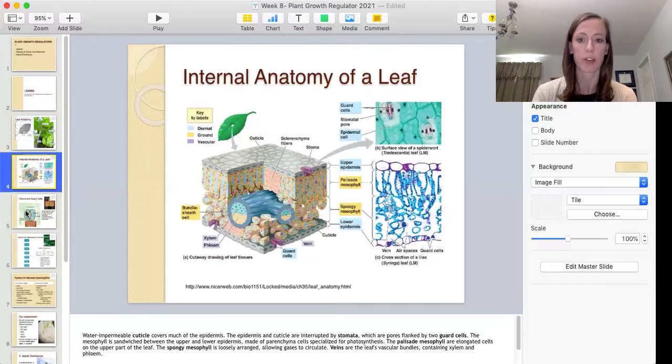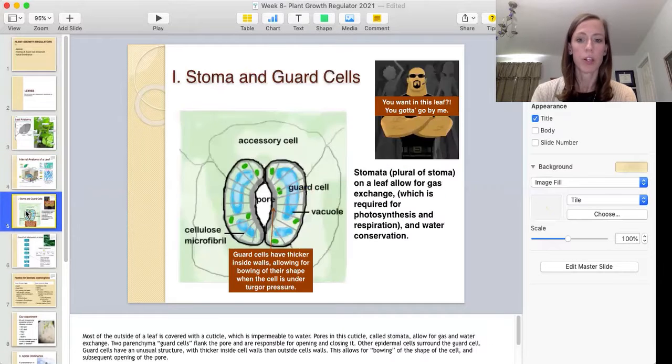Okay, so this picture is showing you a stoma, the pore, that I said is flanked by two guard cells. Here's one, and here is the other. And they have a unique morphology to their cell walls.